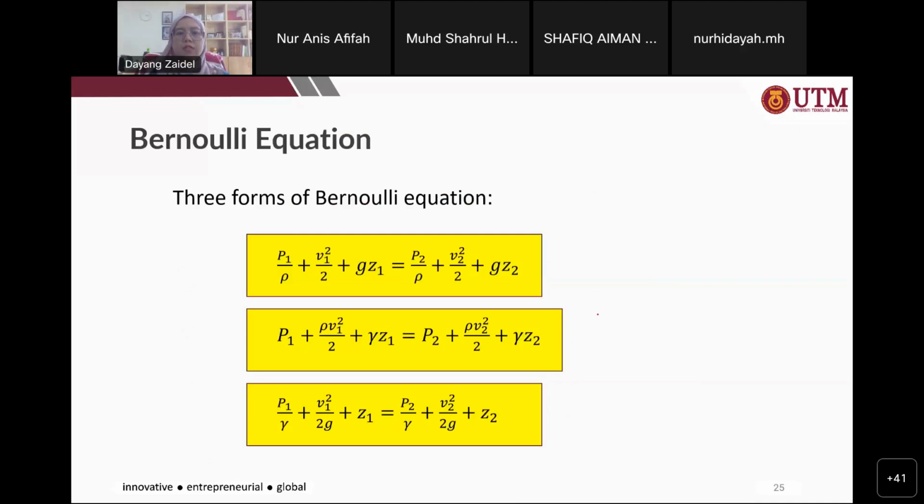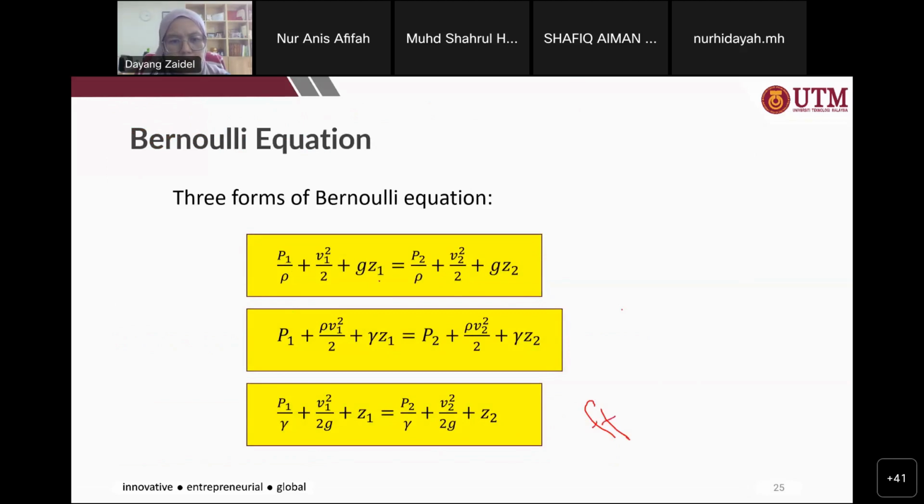All right, so there are three forms of the Bernoulli equation which are similar, but the difference is in the unit. You can see that this one is in the unit feet or meter.